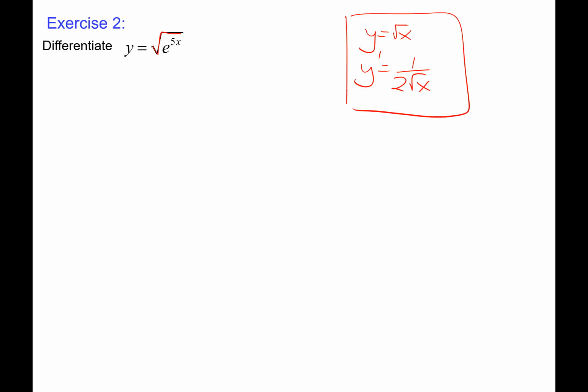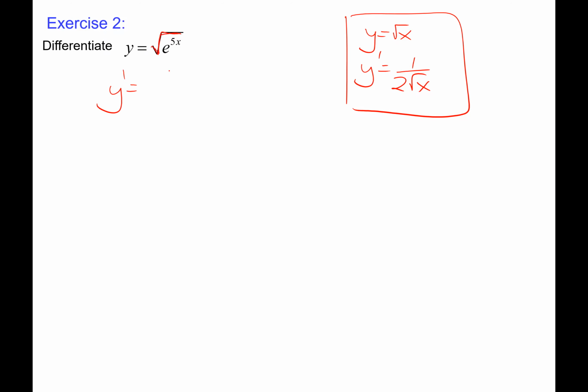You can practice the power rule. We did this in section 2.3, I believe. You probably remember that derivative.